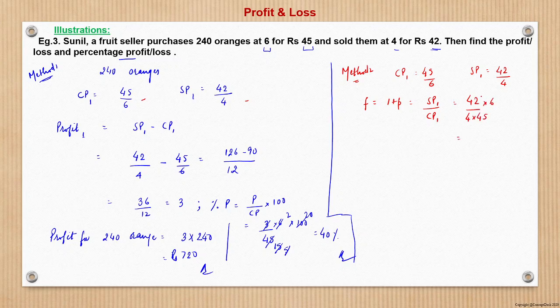If we solve this, the ratio comes out, and then further we divide. So this is coming as 14 by 10, right? The factor is 14 by 10.